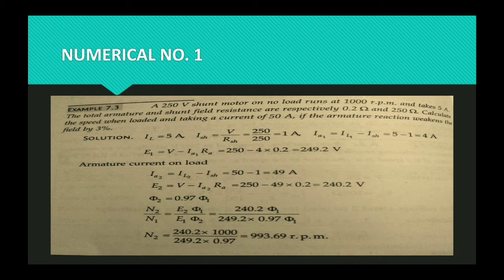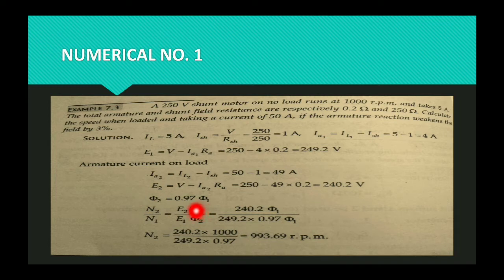Now we know that the armature reaction weakens the field by 3%. So we can write phi 2 equals 0.97 of phi 1, because phi 2 is less than phi 1. If the field is reduced by 3%, then the field flux is also reduced.